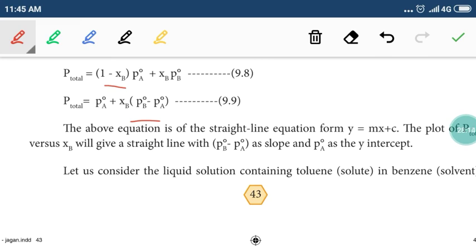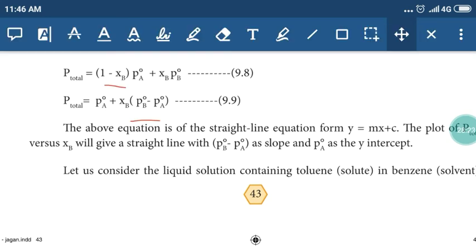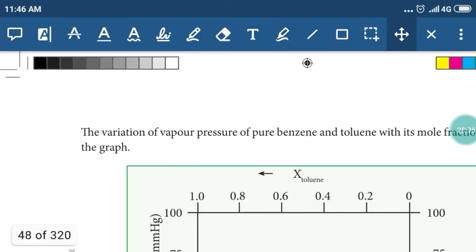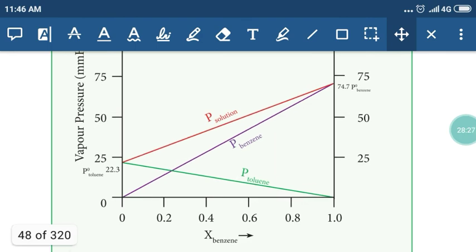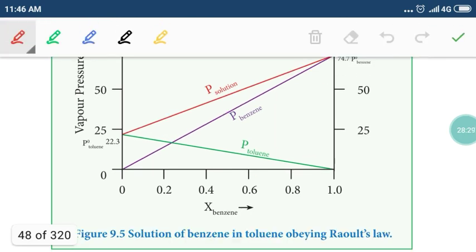So we may draw a graph between these two factors. One is vapor pressure, another one is mole fraction. We draw a graph. Straight line will be obtained. Both are directly proportional. So mole fraction is taken in the x-axis, vapor pressure is taken in the y-axis. We get a straight line.